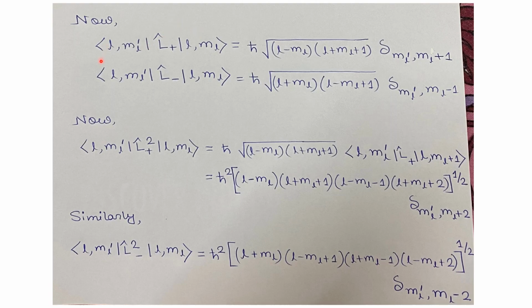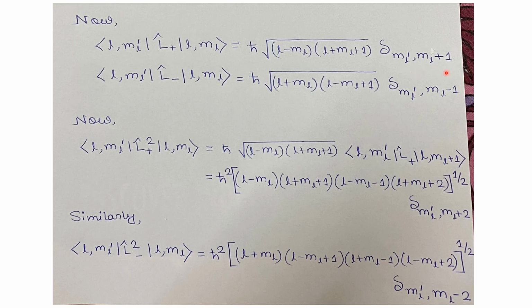Now let us see what is the value of this element, that is, the L+ cap operator sandwiched between the states <l, ml'| and |l, ml>. The L+ cap operator will act on the state |l, ml> and it will give h cut times root over (l minus ml) times (l plus ml plus 1), and it will give an inner product between <l, ml'| and |l, ml+1>. As all the l and ml states are orthogonal, the inner product will give delta of ml', ml plus 1.